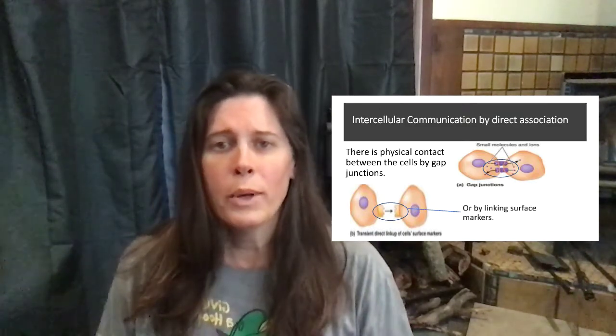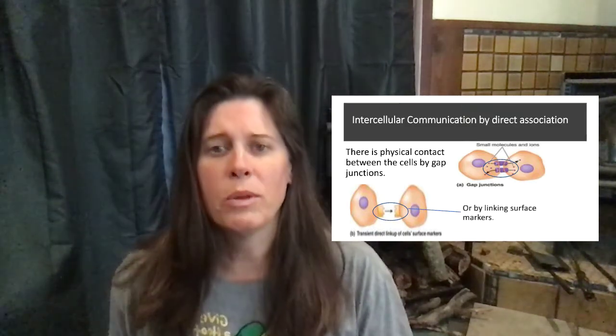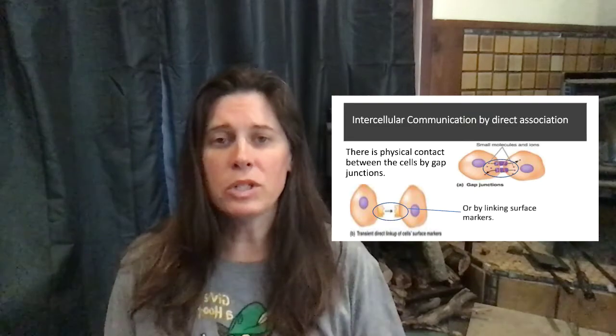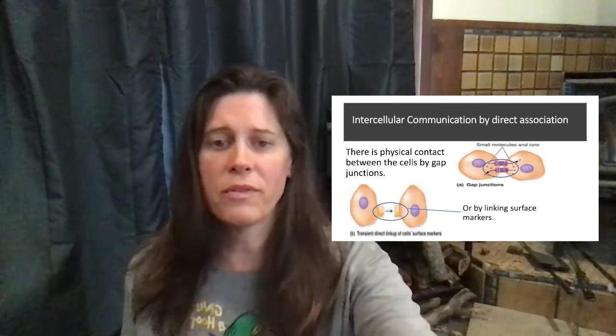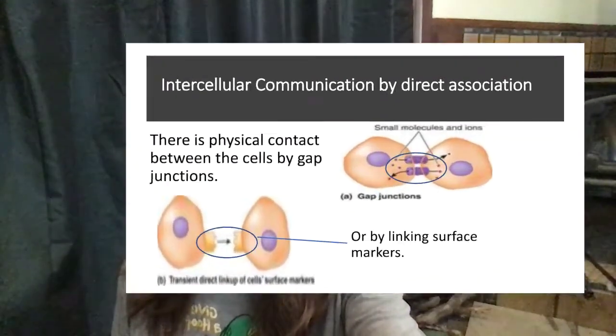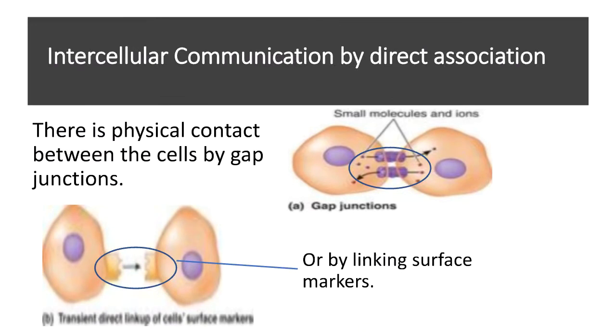So when the cells of the body communicate with one another, some do it directly, okay, because they're physically bound to one another. So let me zoom this in for you a little bit. You can see the picture on the right shows gap junctions spanning across the membrane of both cells. And so it's really producing a tunnel between one cell and another.